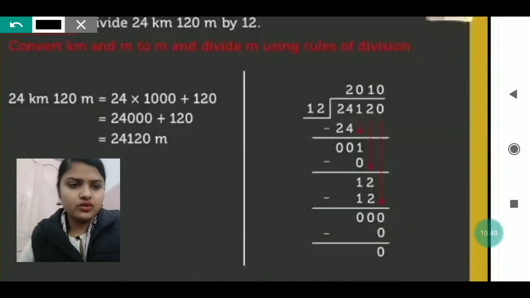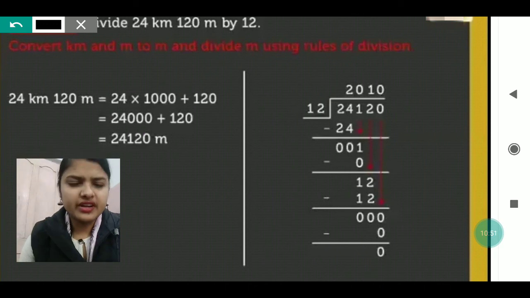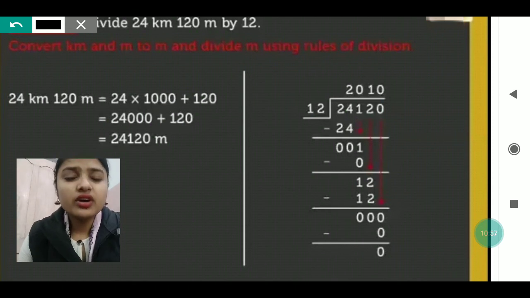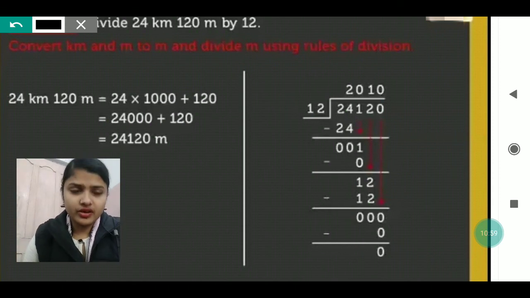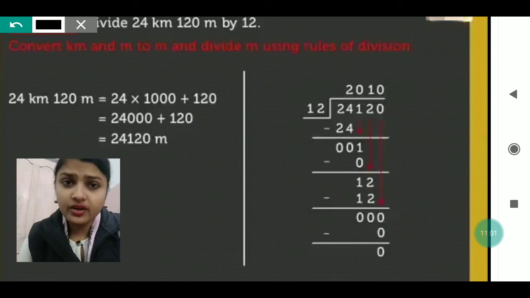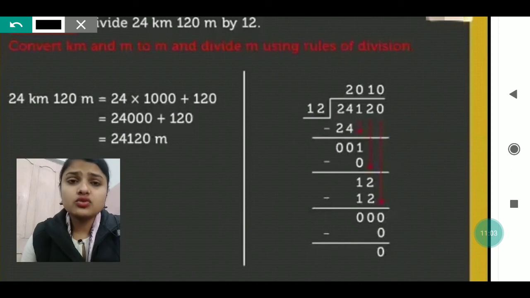In the same way you can see it is also written, divide 24 kilometers and 120 meters by 12. So we have to convert kilometers to meters, and then divide according to the rule. When we convert 24 kilometers into meters, we multiply 24 by 1000 and add 120 meters.